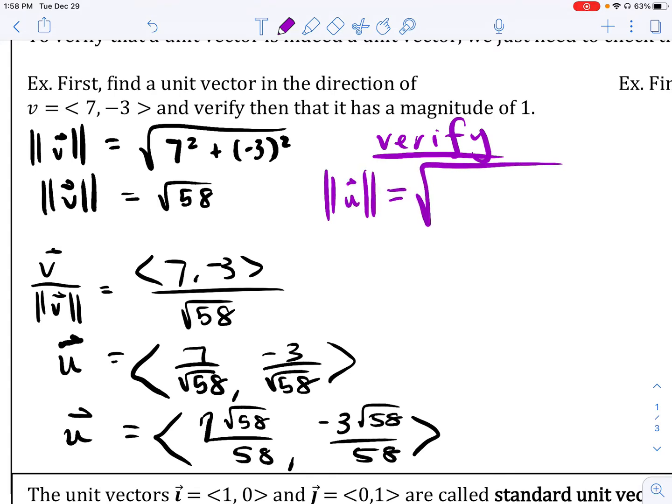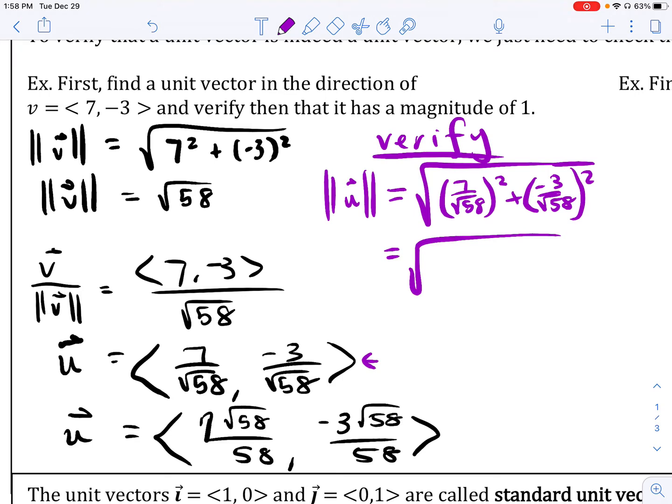If I do the distance formula, you can see now why it's easier to work with our non-rationalized form, because I can just say 7 over root 58, all of this squared, plus -3 over root 58, all of this squared. Having it non-rationalized allows me to write this as 49 over root 58 squared, which is 58, plus -3 squared, that's 9 over 58.